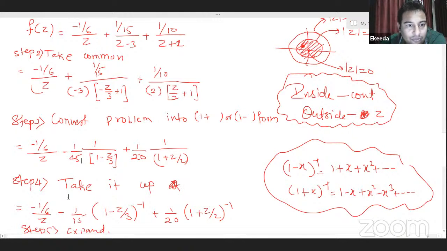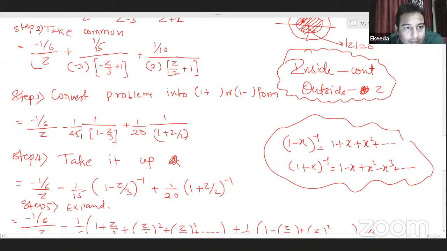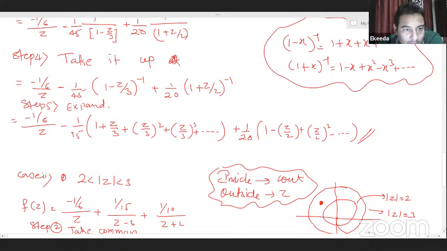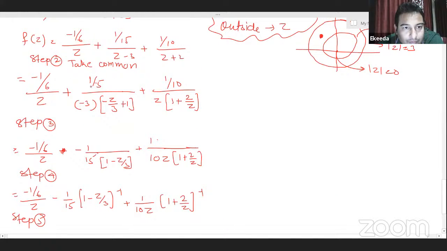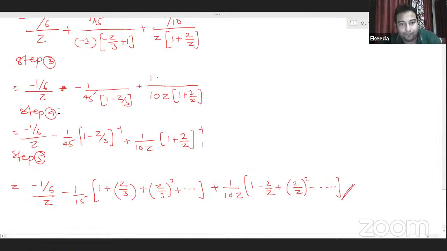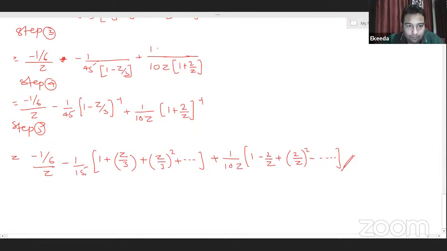Sorry for this mistake. So again, wow, Deepak, very good. So this is 1 upon 45. And the same way, this is 15, so it will be 45. Yes. So done with case number 2.